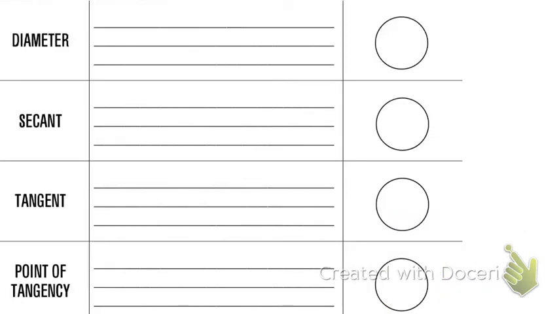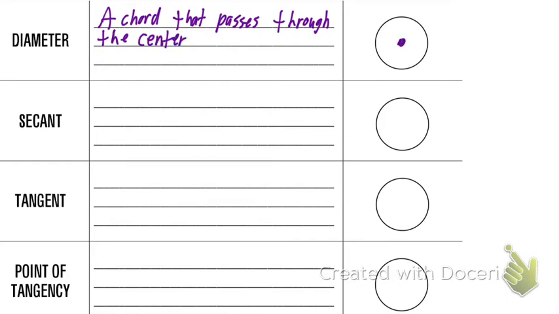All right. Diameter. Diameter is a more specific type of chord. Okay, diameter is a chord that passes through the center. So it's still a chord because it still has endpoints on the circle, but it has the added stipulation, or regulation, of going through the center.